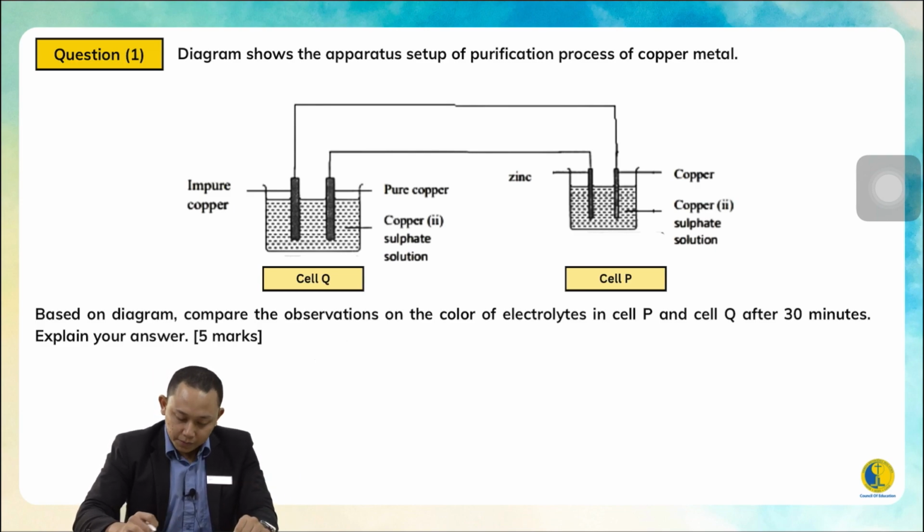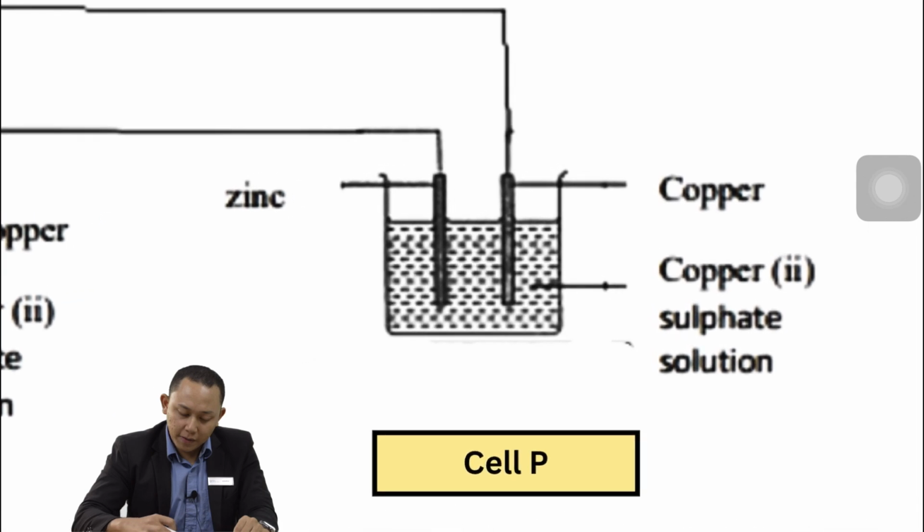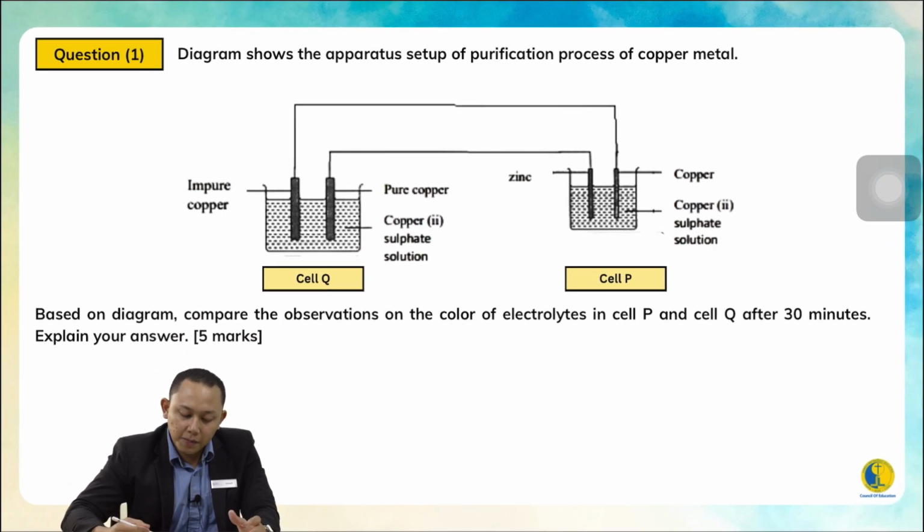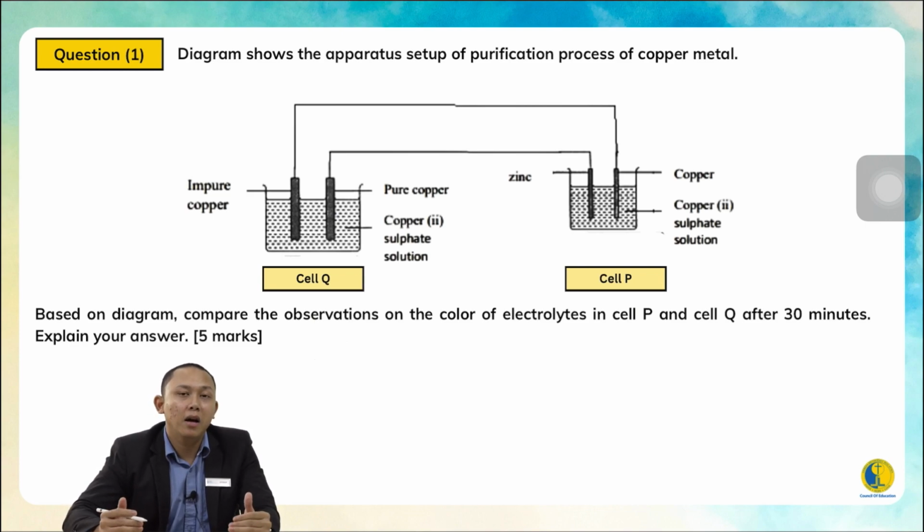Now look at here first. I'm saying that cell P is a voltaic cell and cell Q is an electrolytic cell. You might be asked, teacher, how do you know that cell Q is an electrolytic cell? How do you know that cell P is a voltaic cell?